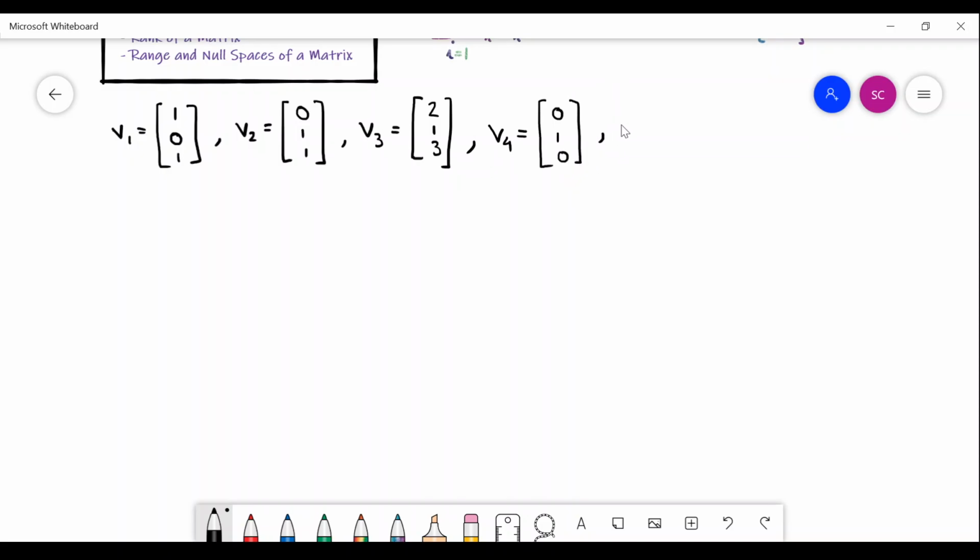This much I hope you understand. Even if the first three are independent of each other, the fourth vector can be expressed in terms of these three, because it lies in the same three-dimensional space, and these three independent vectors will form a basis. That means with the help of this basis any other vector can be generated.